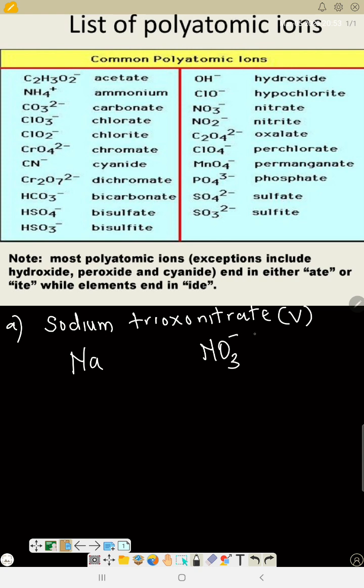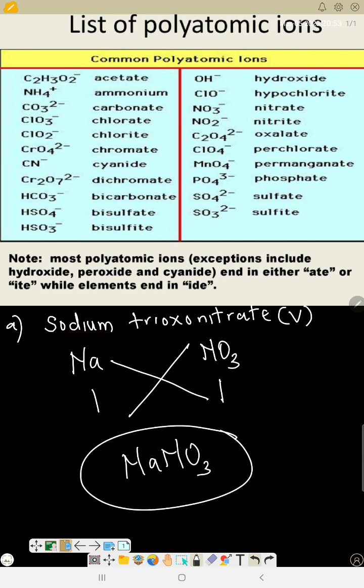Nitrate is NO3, the charge is minus, but that charge will serve as valency, and valency is always plus. You won't say minus 1, you rather say plus. Sodium is 1. Now do your crisscross, so this will be NaNO3. So this is sodium trioxonitrate 5.